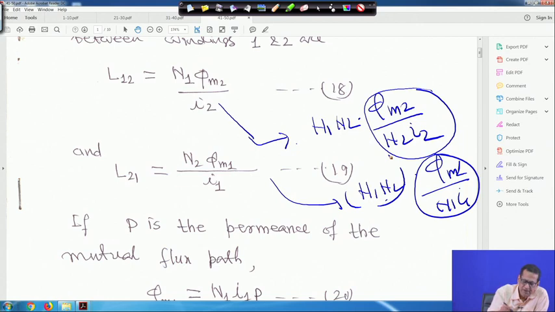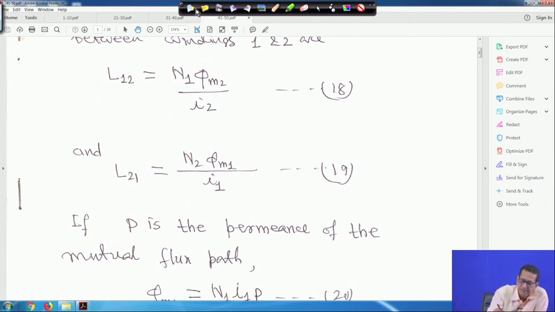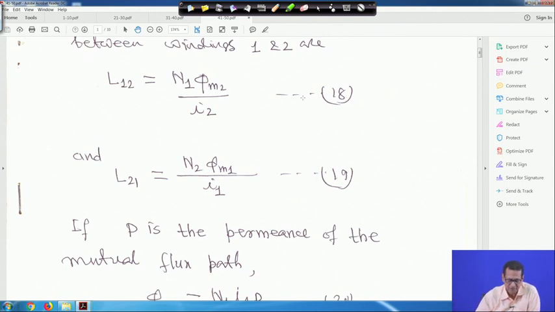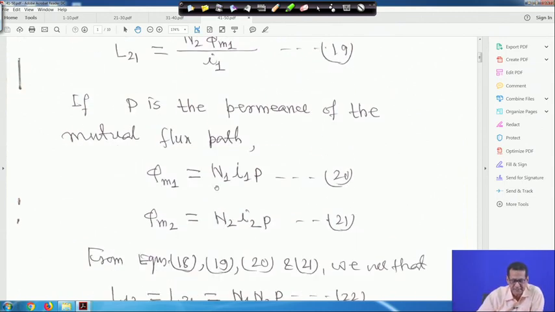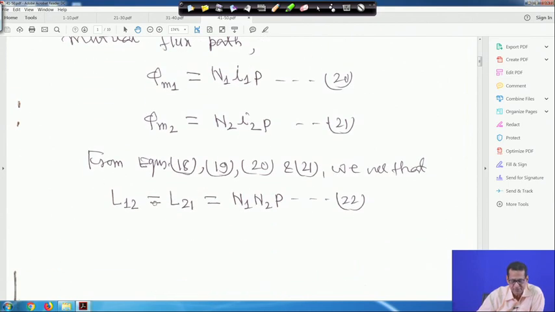So that's why this equation can be written as phi M1 is equal to N1 I1 P, and phi M2 we have already written. Therefore from these two we find L12 is equal to L21 because N1 N2 into P, as these permeance expressions are given here.